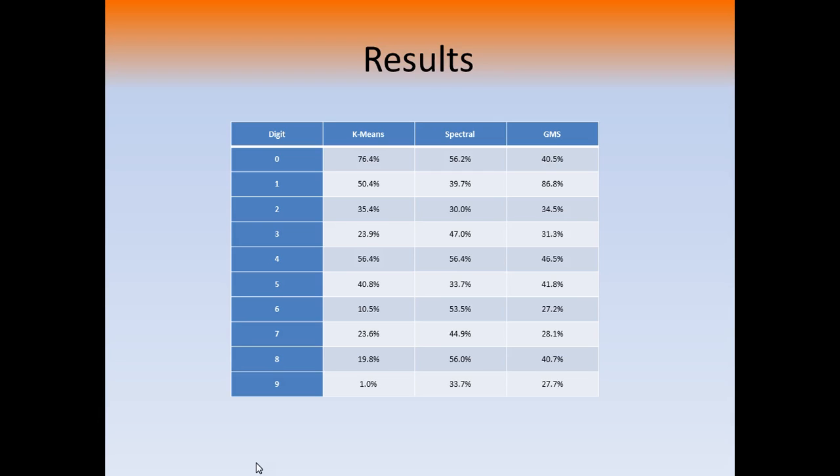Like k-means is very good at picking out zeros, whereas the Gaussian mean shift is great at picking out ones. And there's enough here to hold promise in looking further into this algorithm. It isn't like random guesses, where you'd assume that 10% of each guess is right. Results do prove that the clustering is working to an extent.